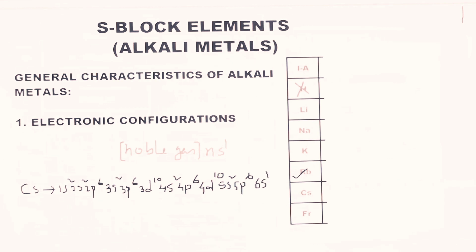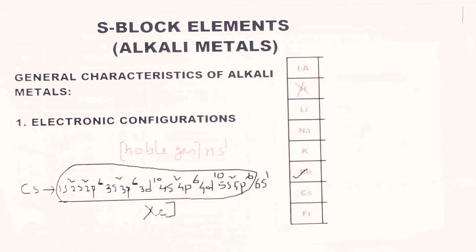This is the electronic configuration of xenon, so it will be xenon 6s1. This is the electronic configuration of cesium. Clear?